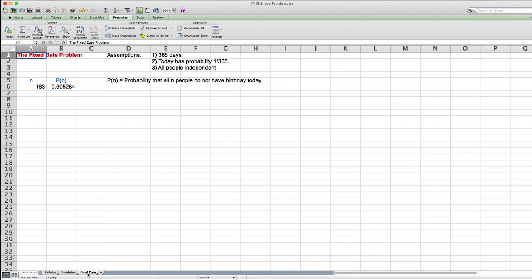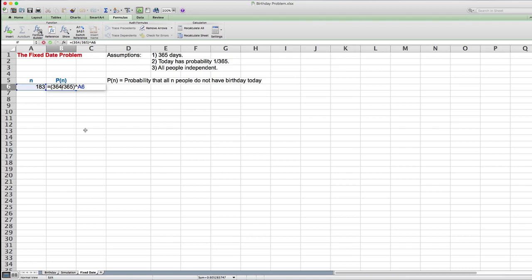Here now, that birthday has to be today. Now the probability calculation changes. Notice the different definition. Now we're looking at the probability that all of us do not have a birthday today. For each of us, the probability of not having a birthday today is 364 divided by 365.